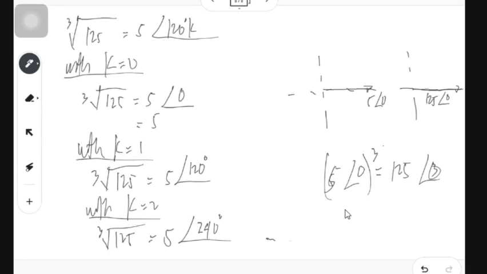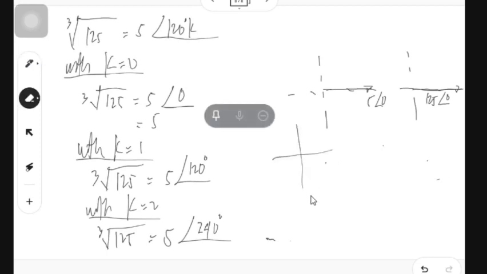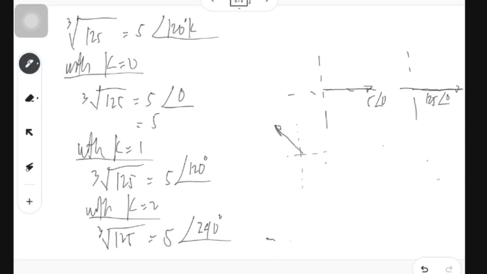What about with k equal to 1, the second root? Check natin. Five bar angle of 120. Nasaan yung position yan? Hindi ba yung 5 bar angle of 120 somewhere here? Tama?